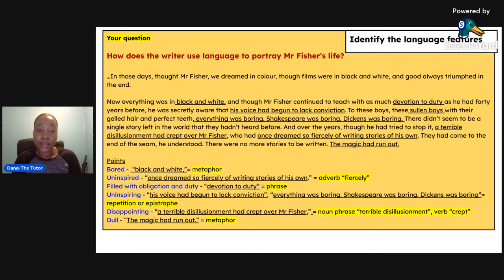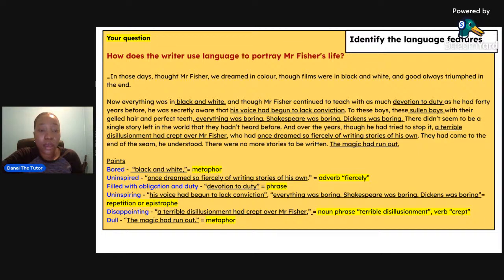Devotion to duty, that's a phrase that we can talk about. If you're not sure what to say, if it's a group of words, you can just refer to them as a phrase. That is a technical term. Or if you can't figure out whether a word is an adjective or adverb, just call it a word, okay? But the more specific and accurate you are with that, the better.